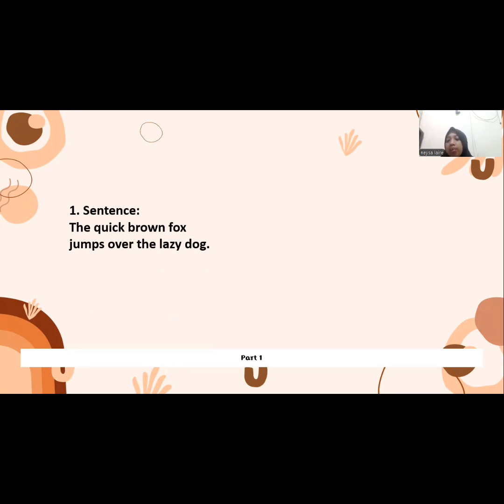Subject noun phrase: determiner the, adjective phrase quick, adjective phrase brown, noun fox. Verb phrase: verb jumps. Prepositional phrase: preposition over, noun phrase: determiner the, adjective phrase lazy, noun dog.